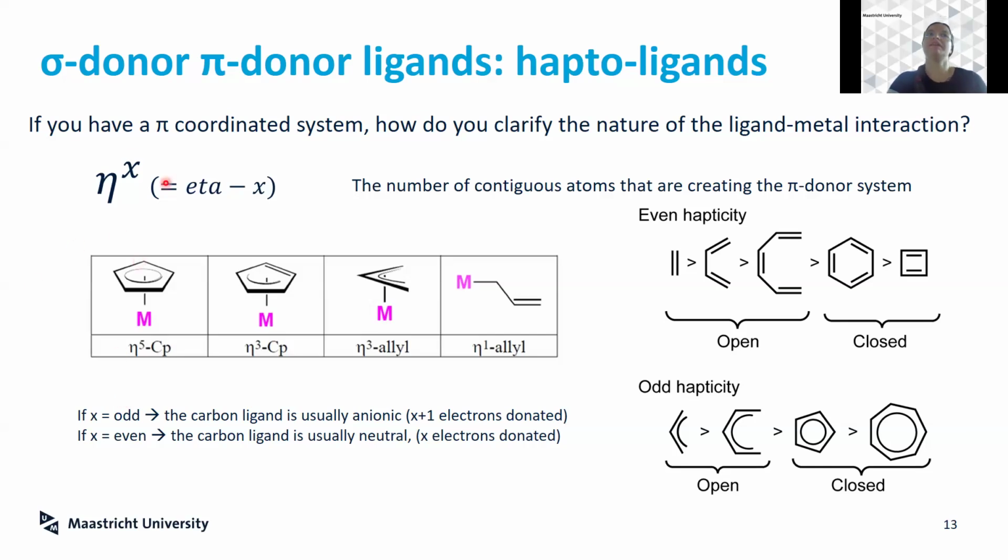But when you say that I'm doing this interaction from the pi molecular orbital and I'm using that electron density, you're saying that you're not using this carbon or this carbon or this carbon or this carbon. You are using the molecular orbital that encompasses the whole of the molecule with a pi symmetry.